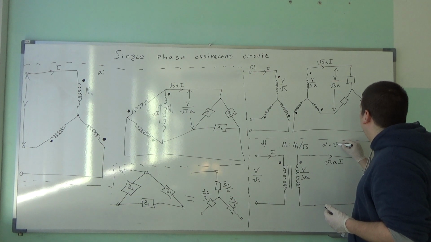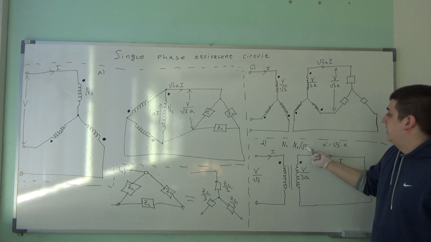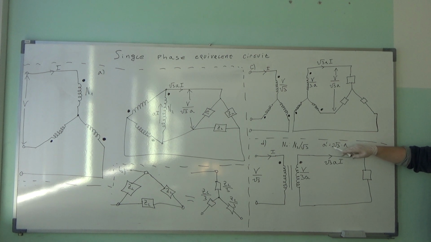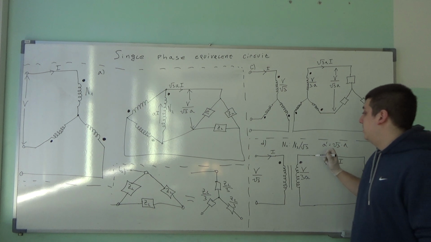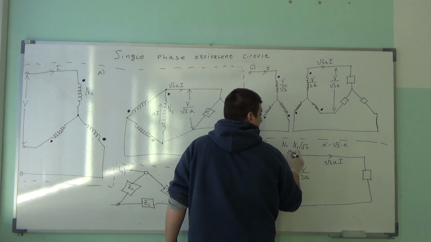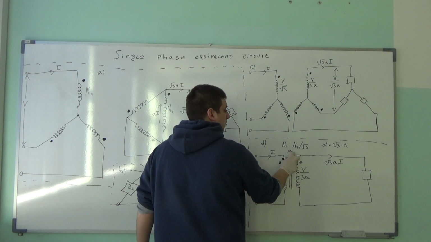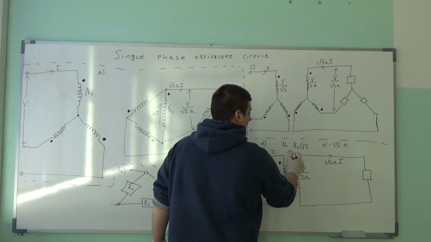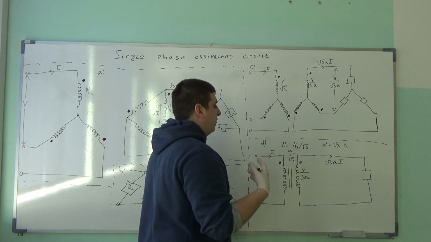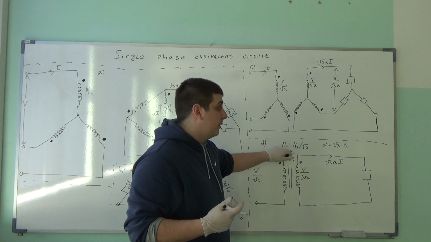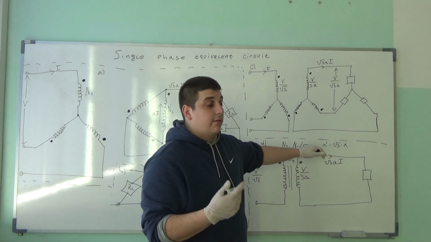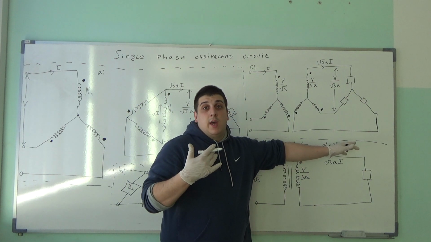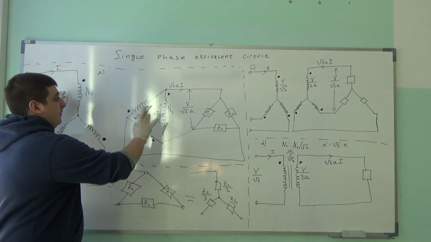that is equal to square root of 3 times A. As you can see, this here goes on the denominator, divided by the denominator we have, and this is N1 divided by N2 is A. It's a double fraction, and this goes in the denominator, and then you have another turns ratio, equivalent turns ratio, that is equal to square root of 3 times A. A is equal to N1 divided by N2.